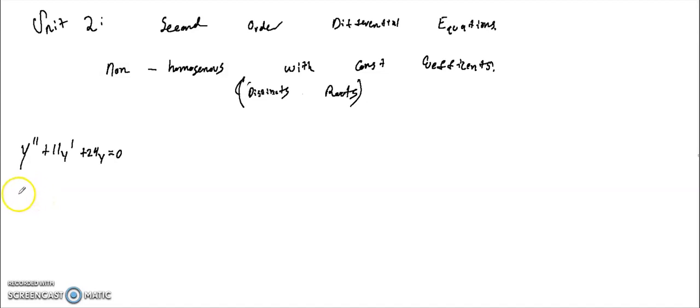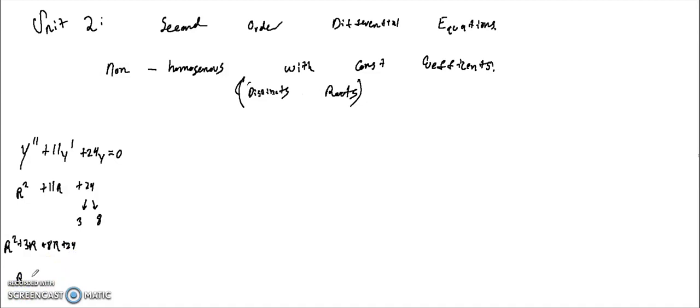So right here we just have r squared with a coefficient of 1, plus 11r plus 24. And then we factor this out. We got 3 and 8. Those add up to 11, so we get r squared plus 3r plus 8r plus 24.